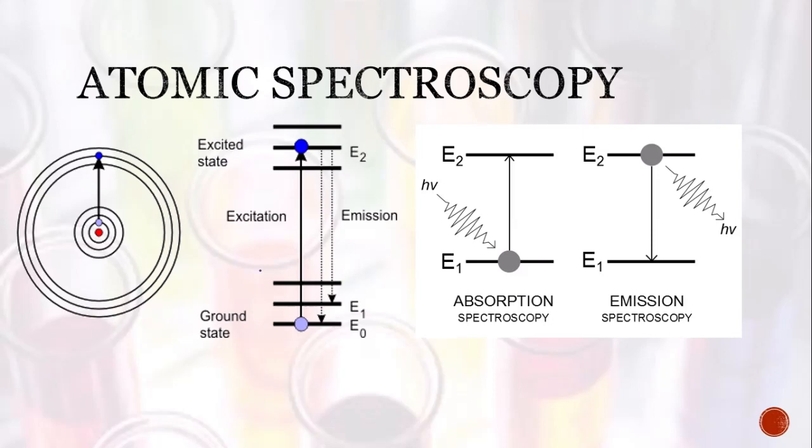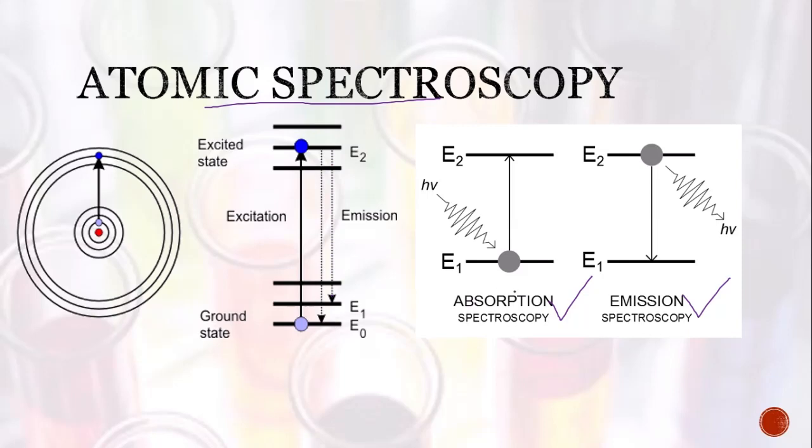Now this is atomic spectroscopy, and we have two types: absorption spectroscopy and emission spectroscopy. I mentioned a bit when we looked at what it means to leave the ground state and get excited to a higher energy level, and what happens when we have emissions.